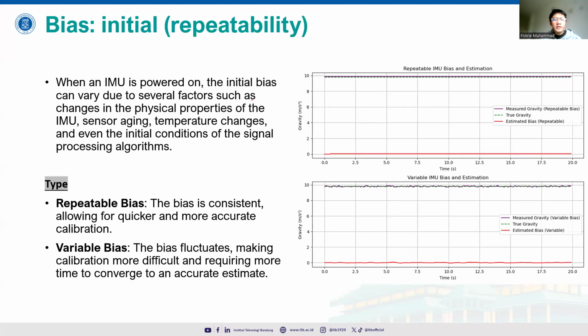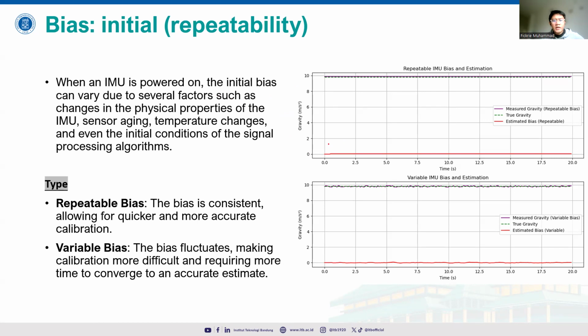There are different kinds of bias found in our IMU. Normally this is the bias in initial point of view, or repeatability. When the IMU is powered on, at time 0, for example, the initial bias can vary due to several factors like temperature changes, sensor type, vibrations, or any signal processing algorithm used by our IMU.